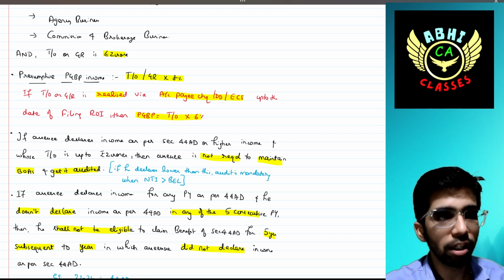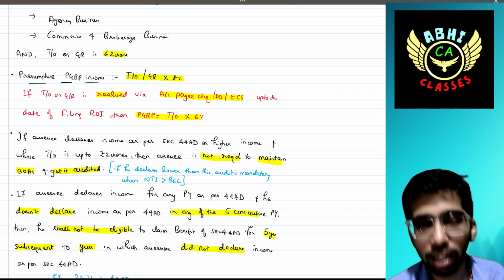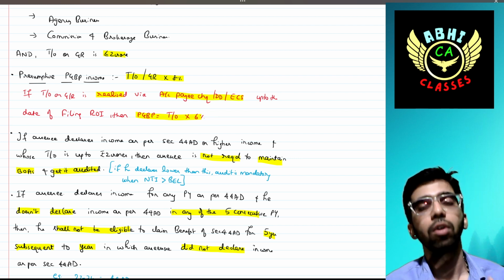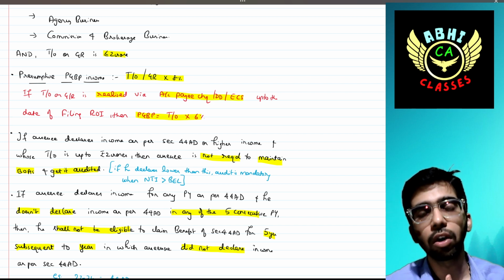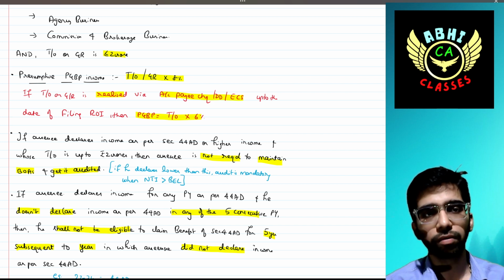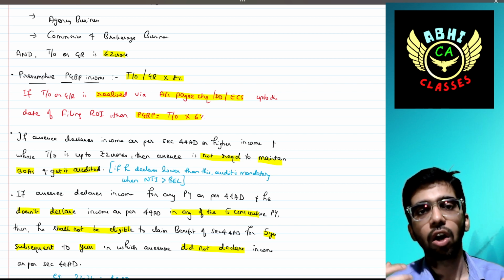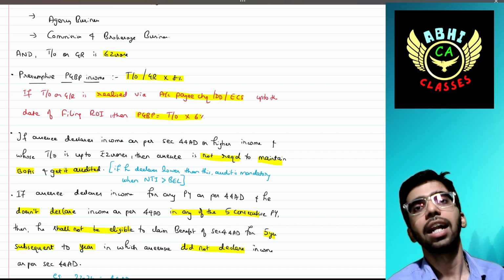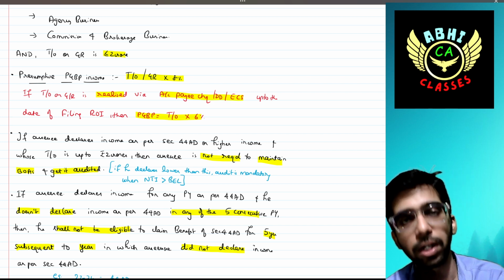Simple. Then if the turnover is realized only through the banking sector, only through account payee cheque or account clearings, that means if you have sales of, let's say, 1 crore 50 lakh, and all are realized through account payee cheque or DD from the debtor, then the formula changes to turnover into 6%.